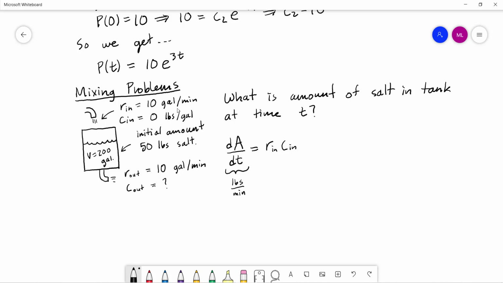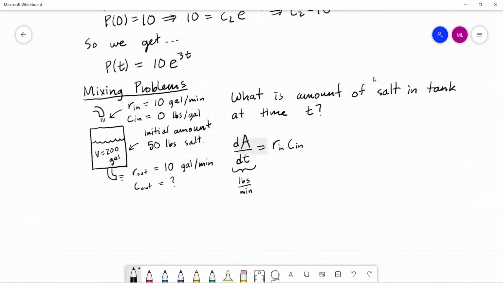The gallon in the numerator will cancel with the gallons in the denominator, and I'll be left with pounds in the numerator, minutes in the denominator, which is exactly what we're going for. So if I just write this as the rate in times the concentration in, minus the rate out times the concentration out, we will wind up with the correct units.